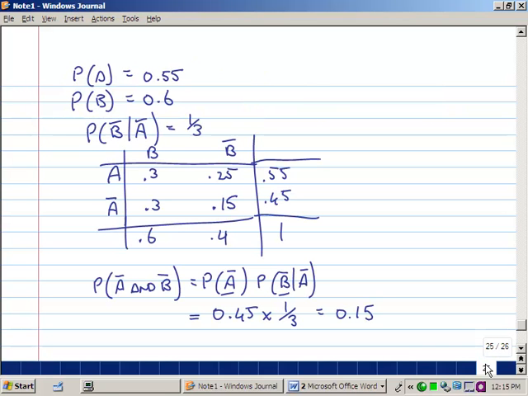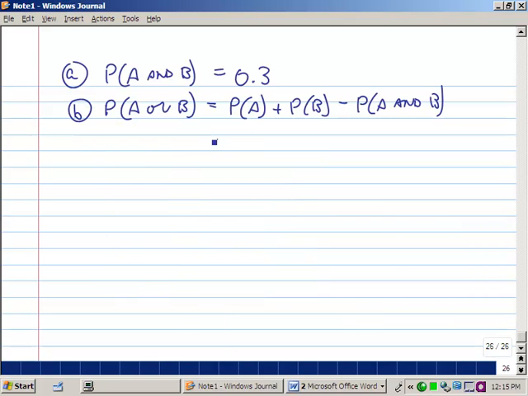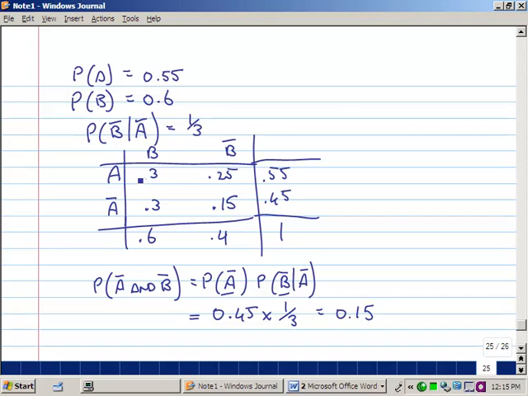A is 0.55, B is 0.6, and A and B is 0.3. And that looks quickly to be 0.85. Let's have a look at that table. A or B is this here, and that does indeed add up to 0.85.